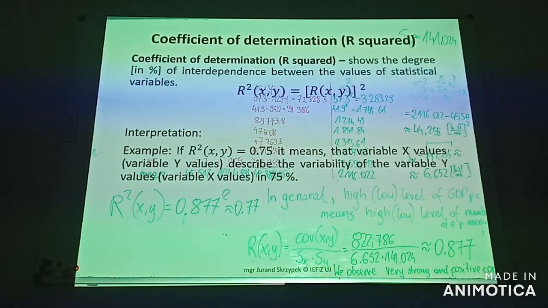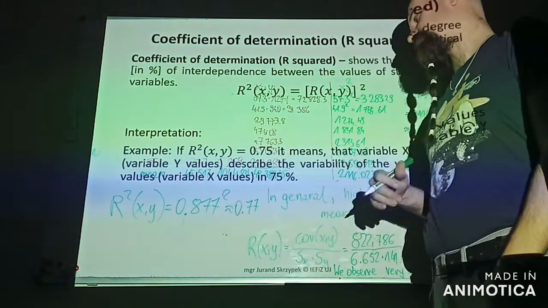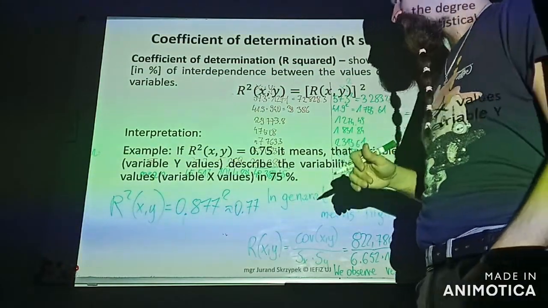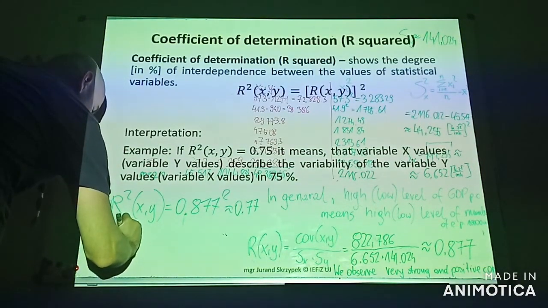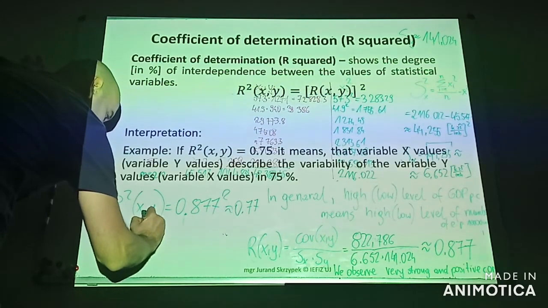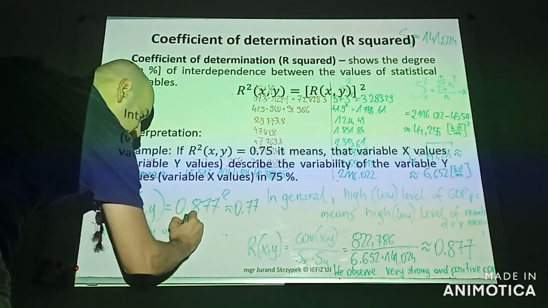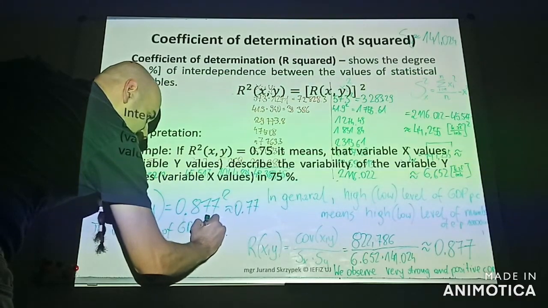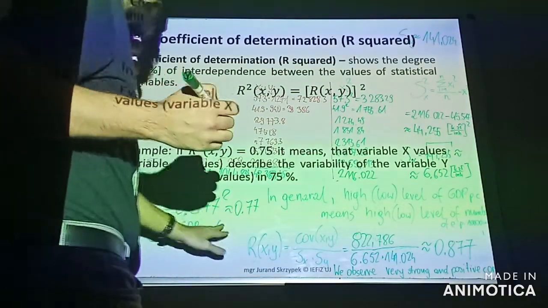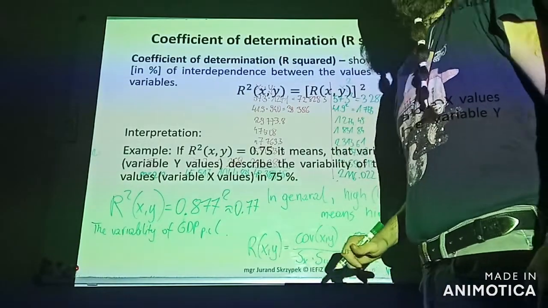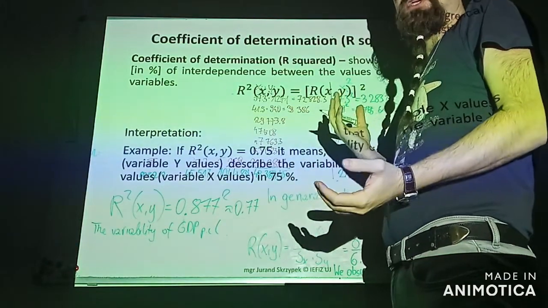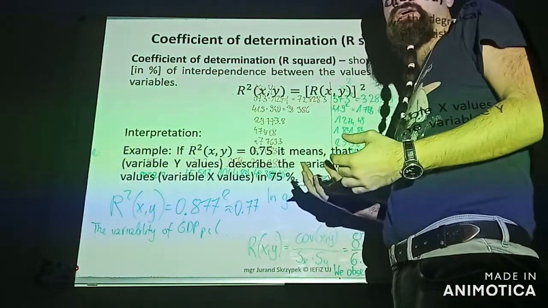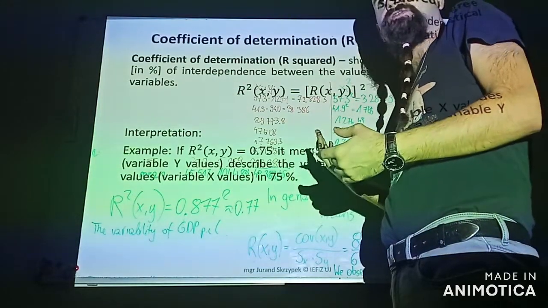what about the interpretation of that measure, 0.77? What does it mean? It means that the variability of GDP per capita, in bracket we can write down the second variable, because as you remember, we don't indicate which variable is a cause and which variable is an effect.